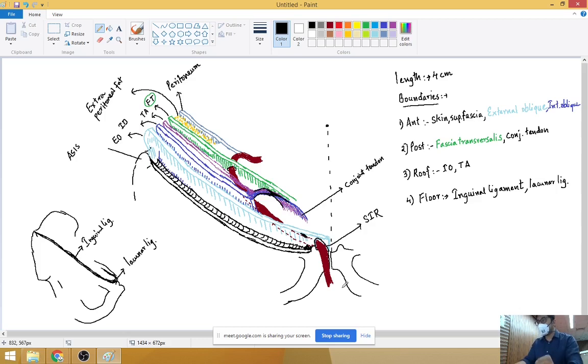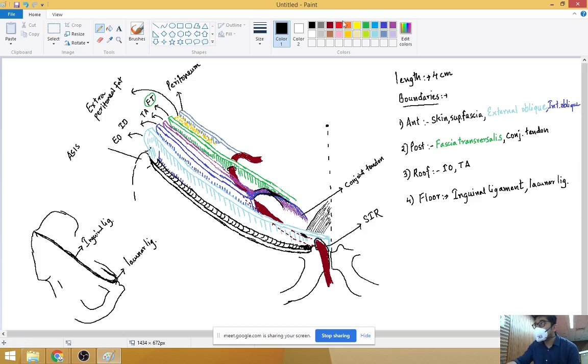Now, to go into a little more detail, there are some fibers running from the inguinal ligament and moving like that. So this is the reflected part of the inguinal ligament. They are going to the opposite side to meet in the linea alba. This is the reflected part of the inguinal ligament.